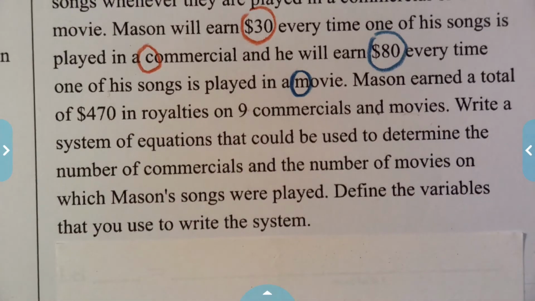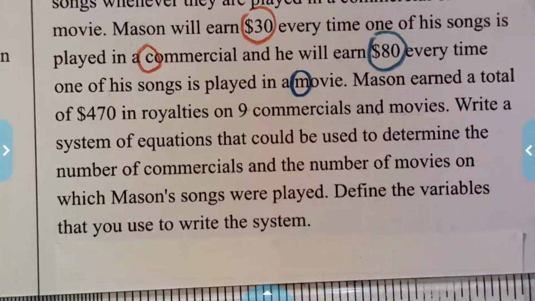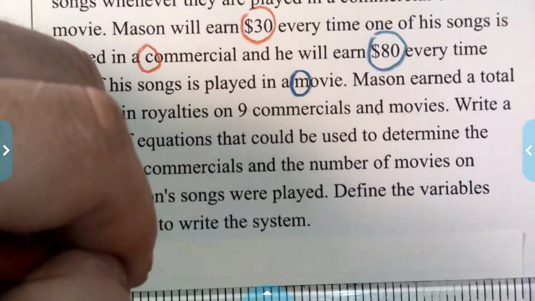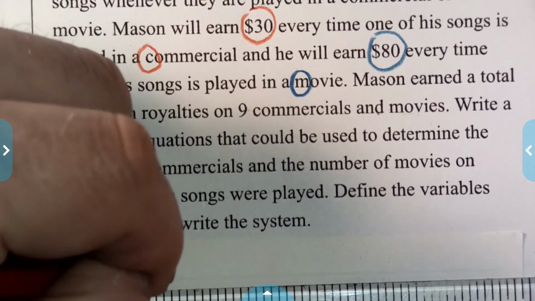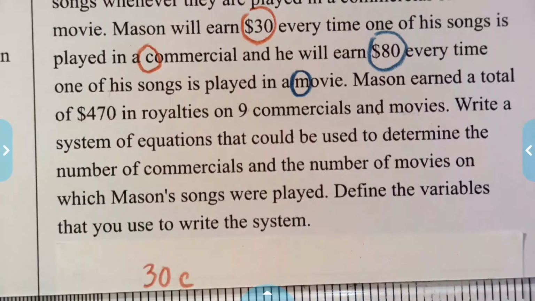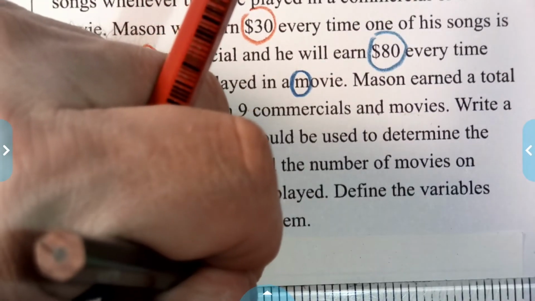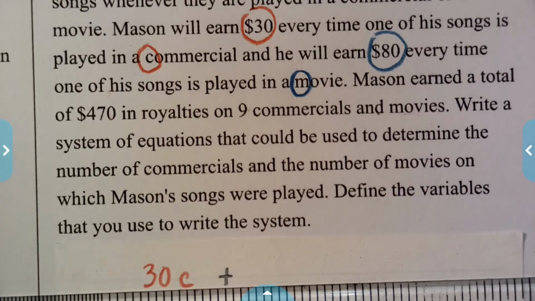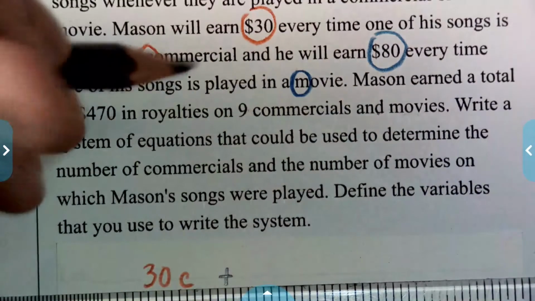So here's how you work these. You say, let's use the color. So the first equation is going to be 30C plus 80M.